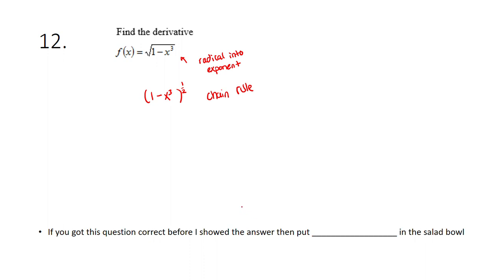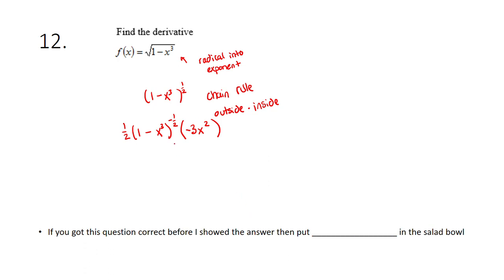You need to do chain rule, which means we find the derivative of the outside, and then we find the derivative of the inside, and we multiply them together. So the derivative of the outside is 1/2 1 minus x to the 3rd to the negative 1/2 power. Derivative of the inside is negative 3x squared.